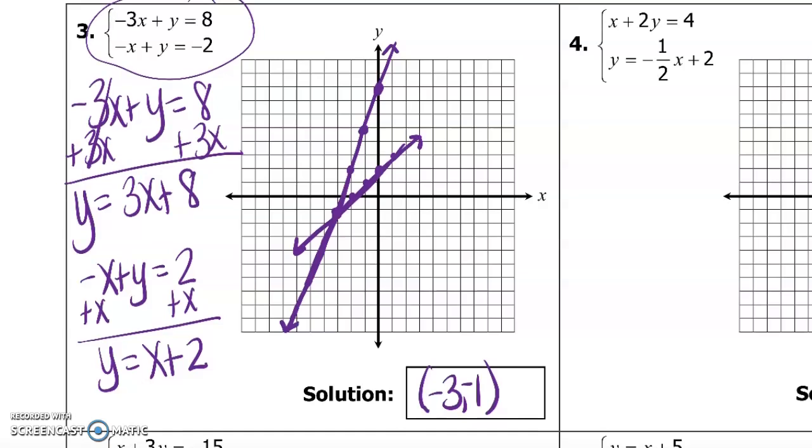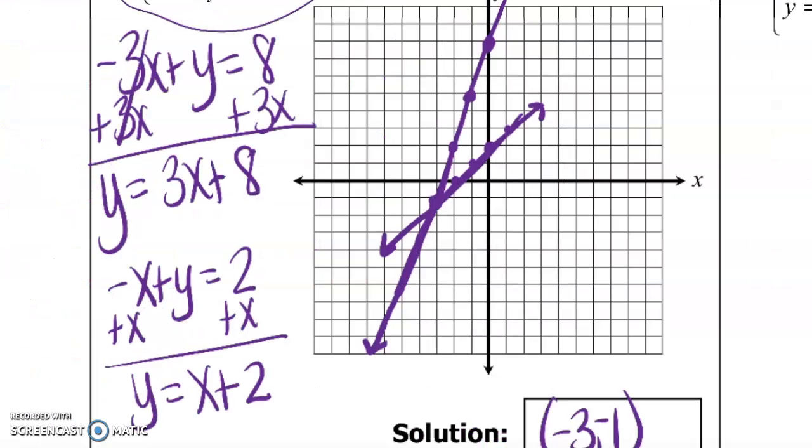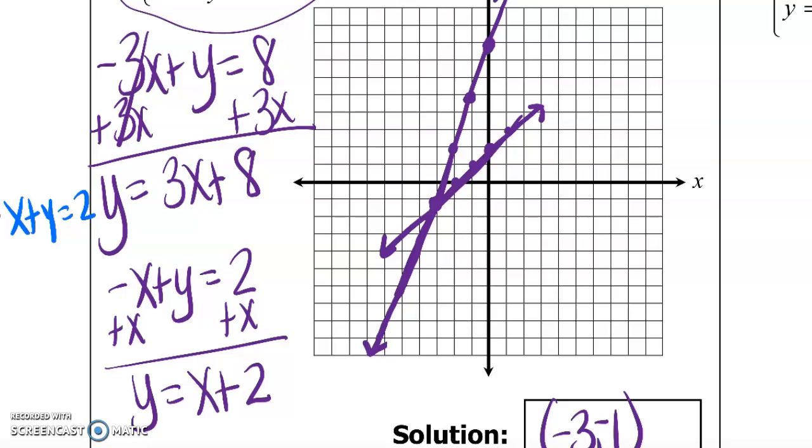I said there were two ways you could have graphed the bottom one, so let me go through that again. Negative x plus y equals 2. You could also find your x and y intercepts.